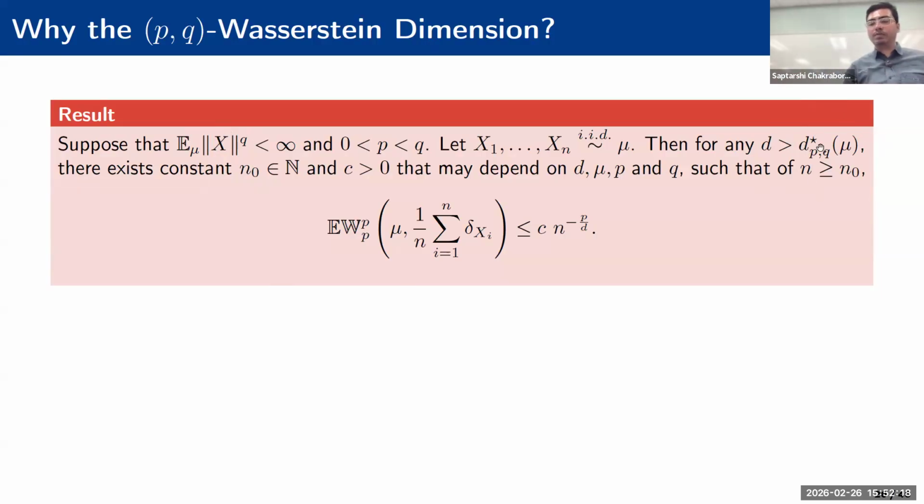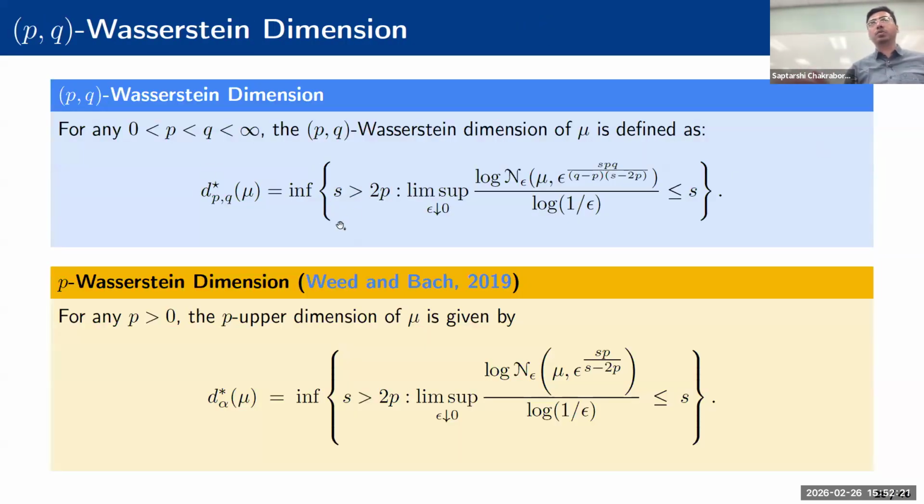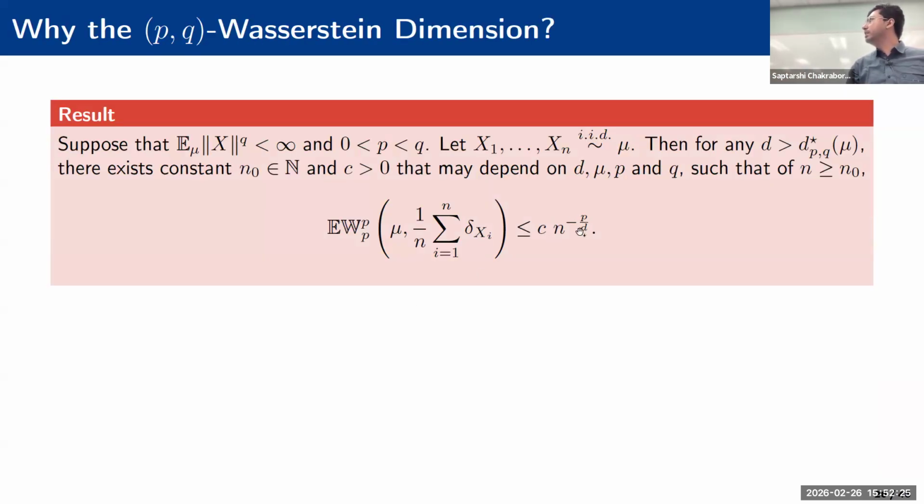This little larger comes from the fact that we are using an infimum, so a limiting condition comes into play. But you should think of d as very close to d star, and the exponent of n is controlled by this d star.